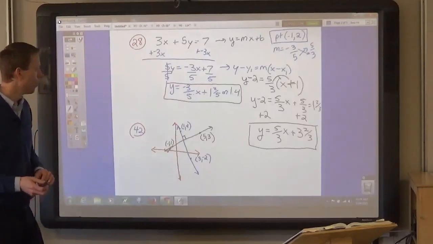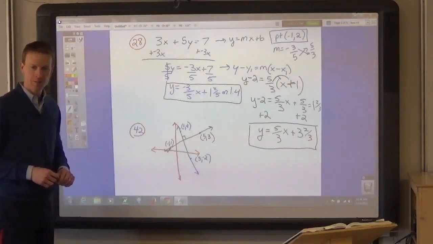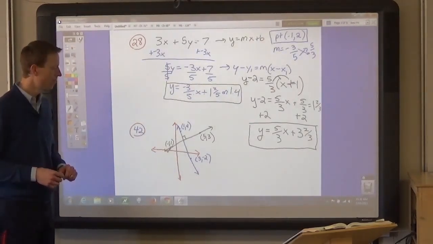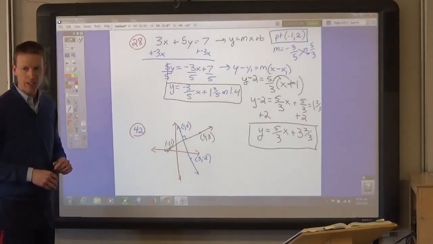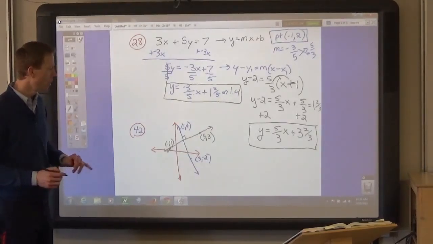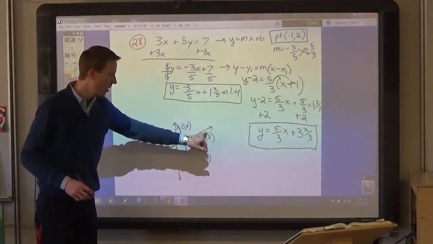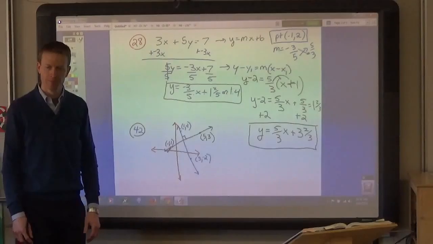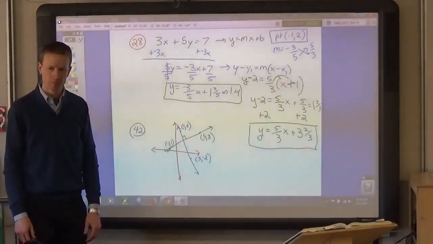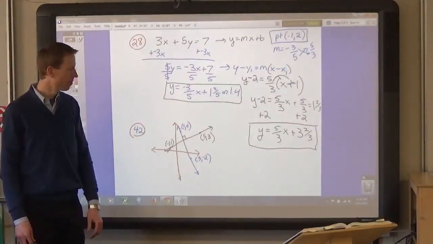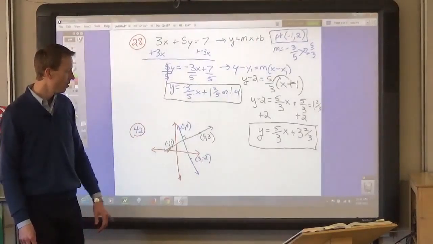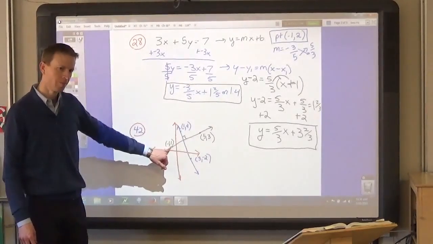Now, we can find the slope of each one. Yeah, we'll need the slope for each one. So let's find the slope of the black line first. Which problem is this? 42. It's 2 over 5.